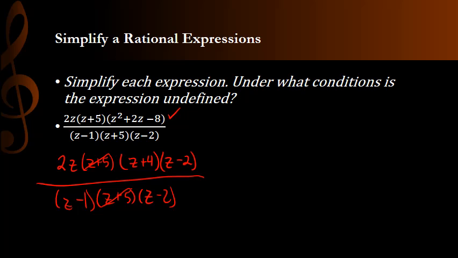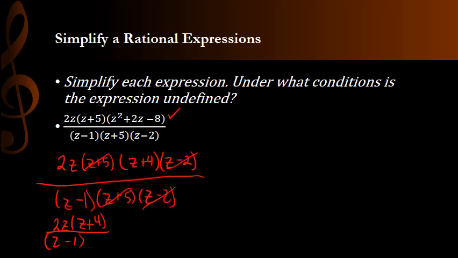And I got a z minus 2 in the numerator and a z minus 2 in the denominator, and so that's going to cancel. And so this is going to then simplify to 2z times z plus 4 over z minus 1. So that's simplified it.